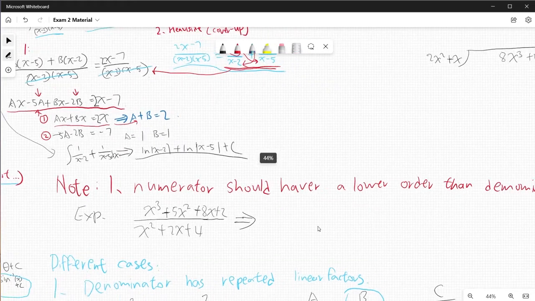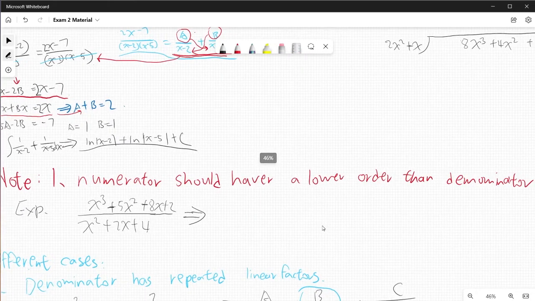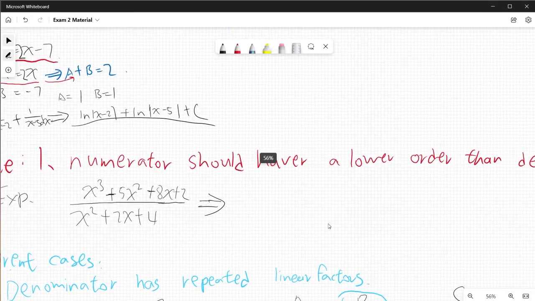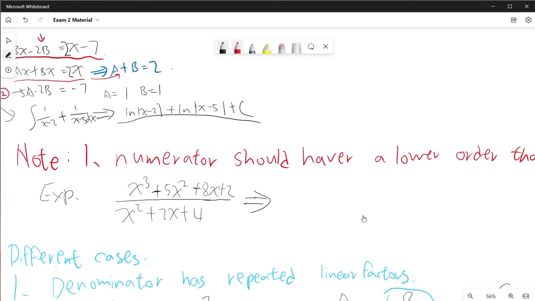The big note here is that the numerator should have a lower power or order than the denominator. For example, here we notice that the highest power in the numerator is a cube, or x to the third, and the highest power of the denominator is x to the second.